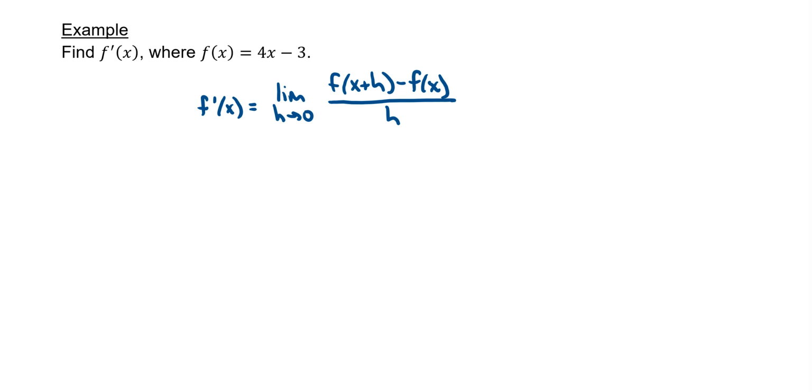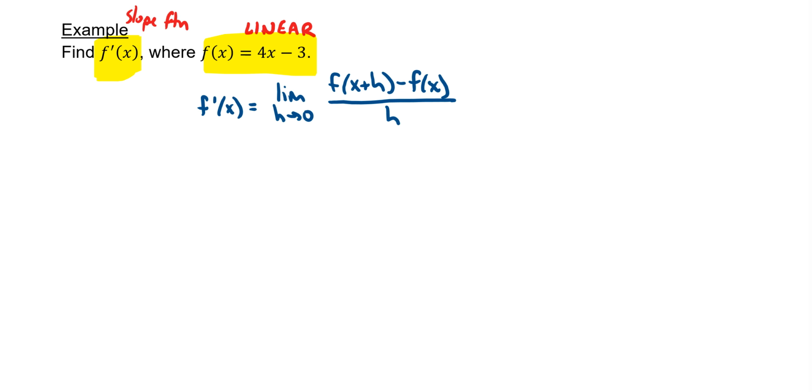Also, when you are finding f prime of x here, this is a linear function, right? We know that the derivative tells us the slope function. Think to yourself real quick, what do you know about linear functions and their slope?